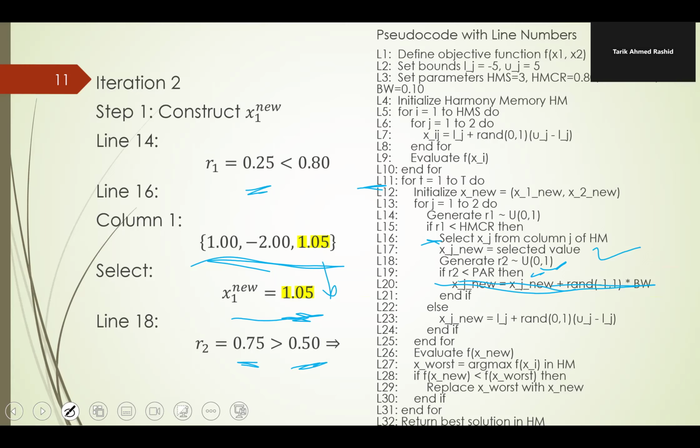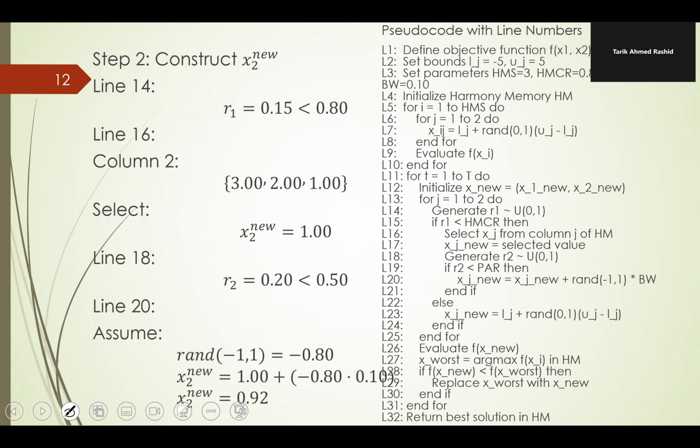The if is finished, and we can't do the else because it started with this if. We go back to the for loop in line 14.